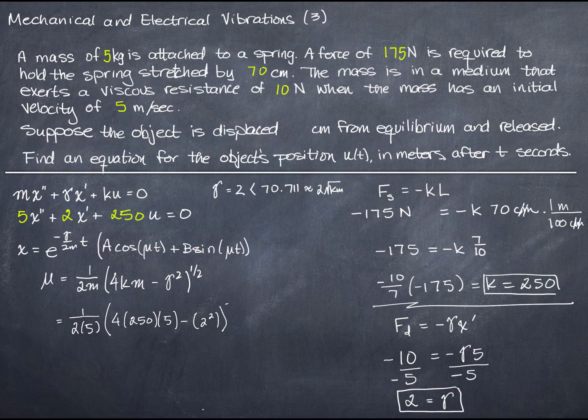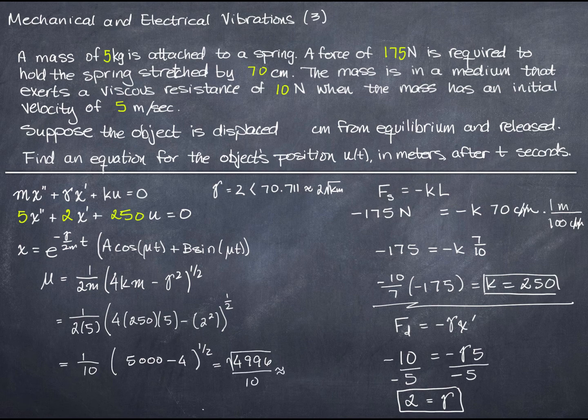So I get 1/10 times 5,000 minus 4. Oops, that should be to the power of 1/2, not to the power of 2. And that is 4996, square root of that, all divided by 10.